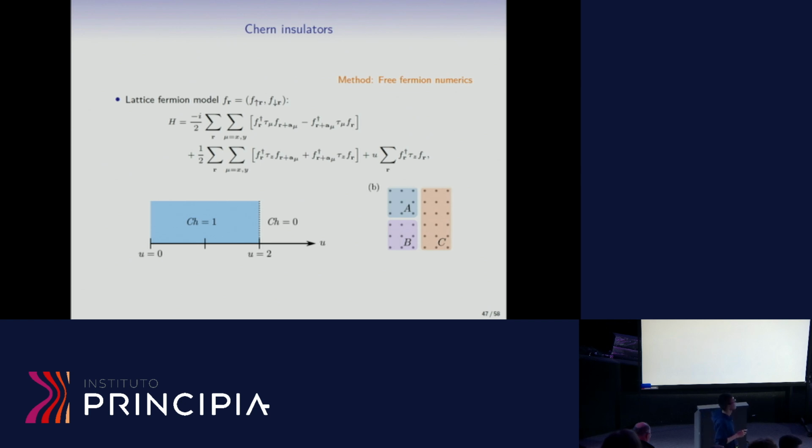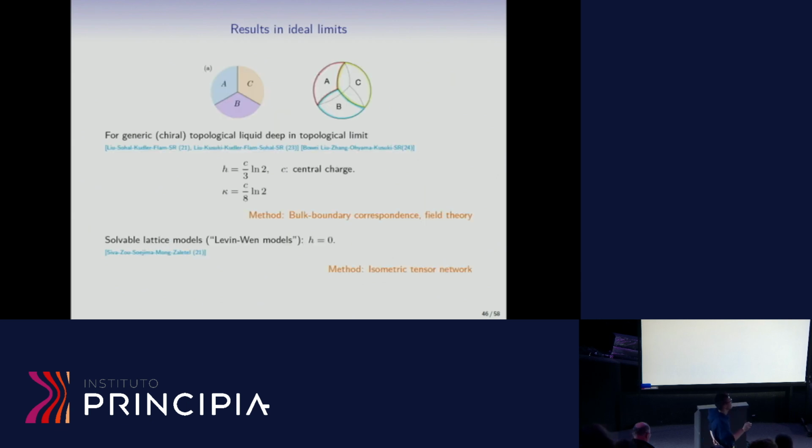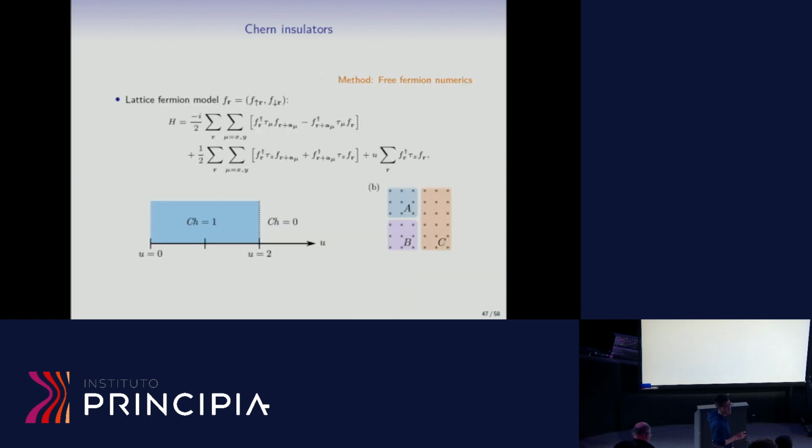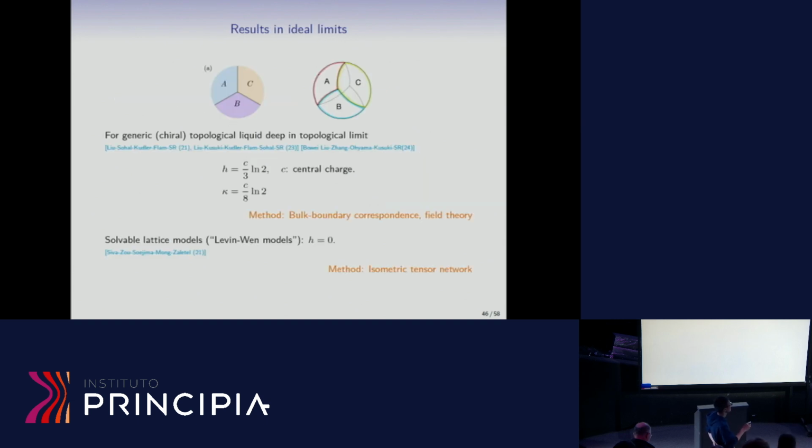So what happens at the critical point? That is the reason why we wanted to do the numerics. For instance, sigma xy, the Hall conductivity, jumps from 1 to 0, but at the critical point it is 1/2. So these methods are limited to deep inside the gapped phase.